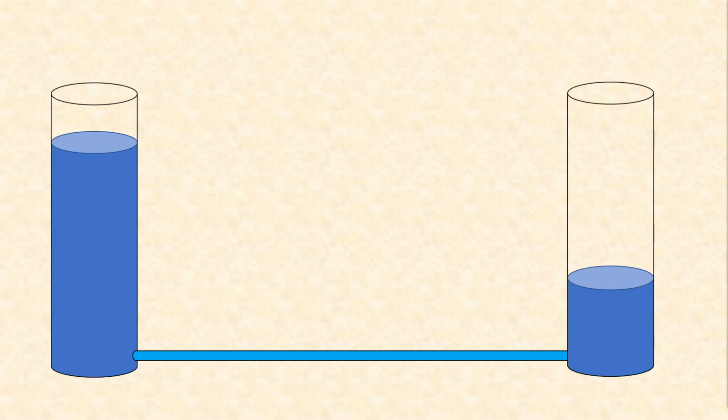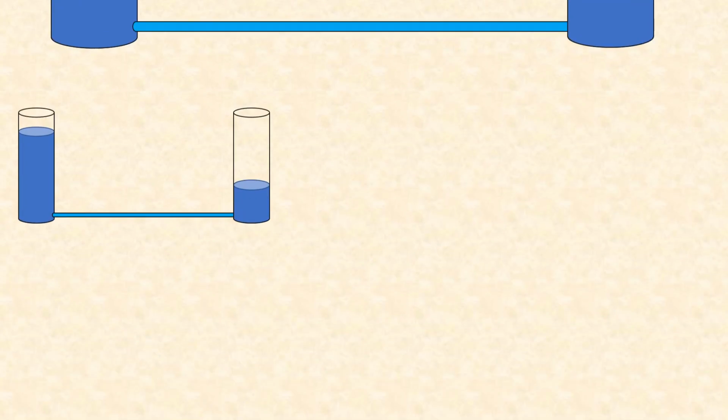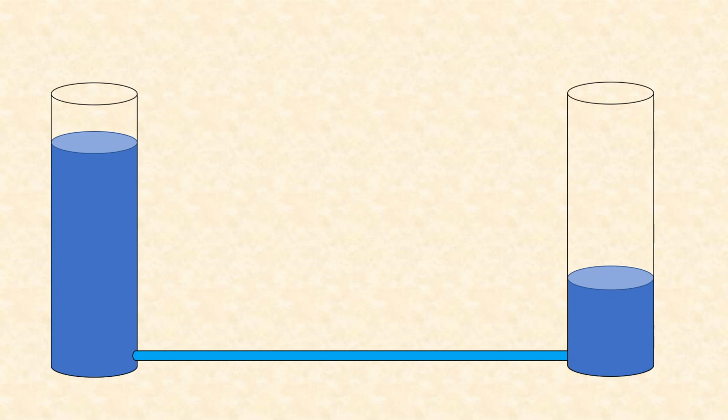Let's say this higher water level is 5 meter, and this water level is measured from the top of the water surface till the center line of the pipe, that is the pipe entrance.